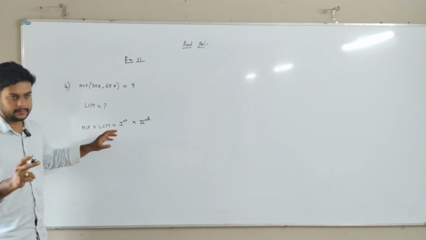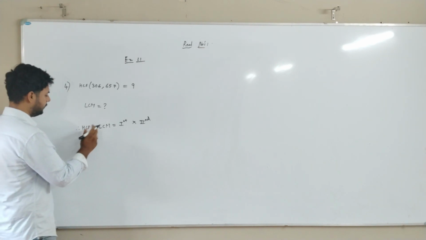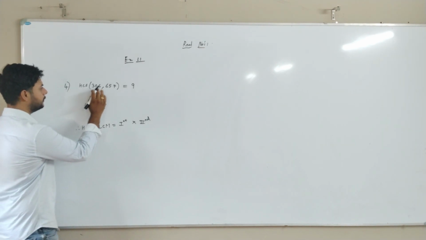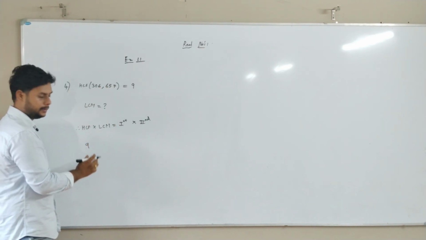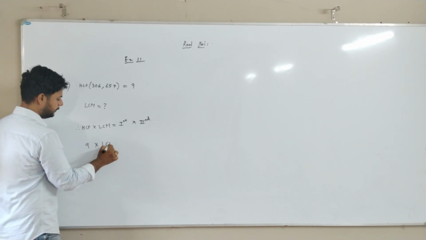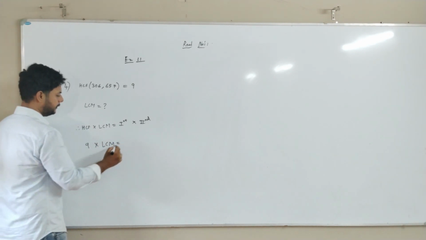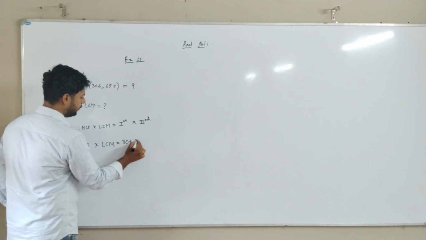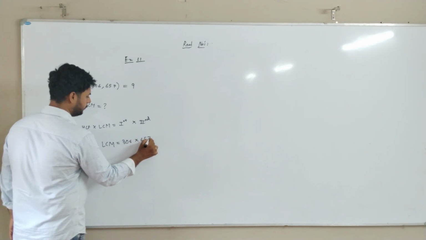Two methods are there. Okay. So HCF is how much? 9. HCF of these numbers is 9. I am finding LCM. Keep it as it is: first number is 396, second number is 657.